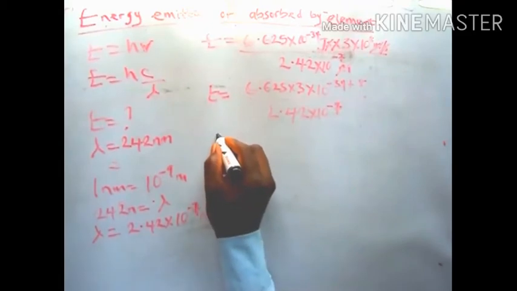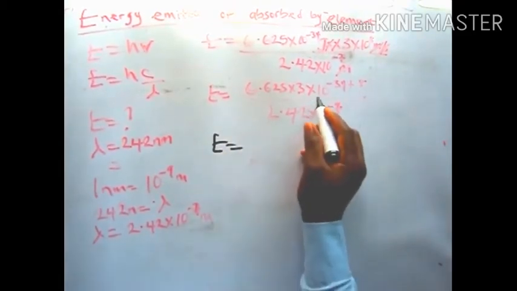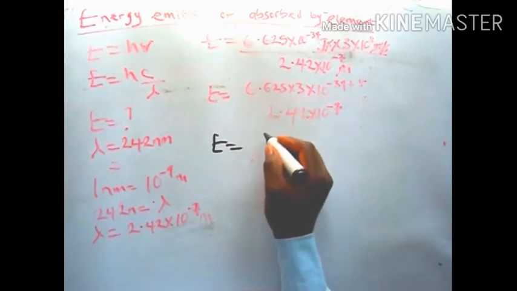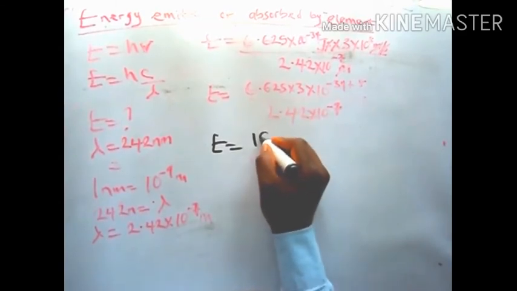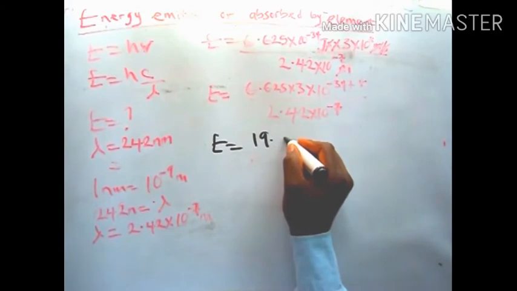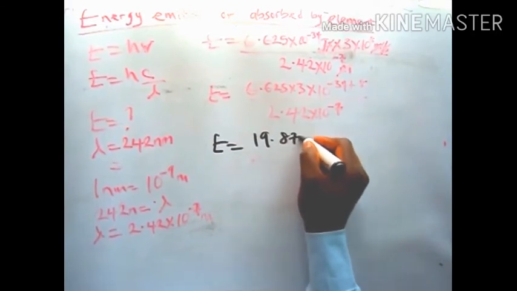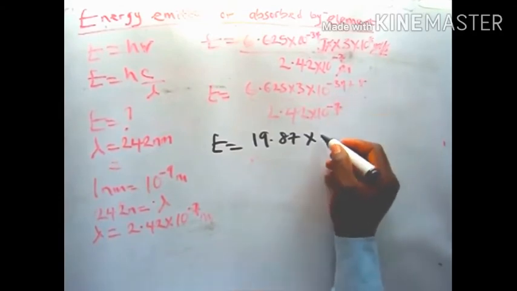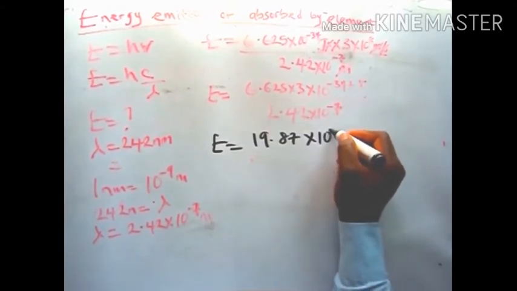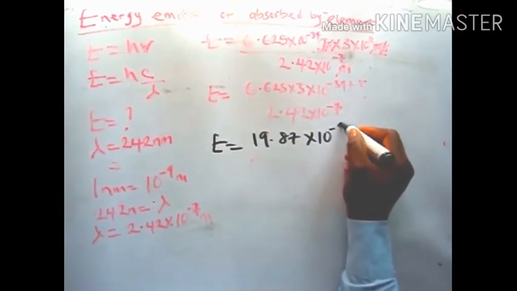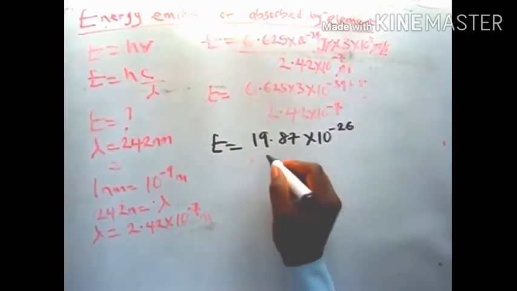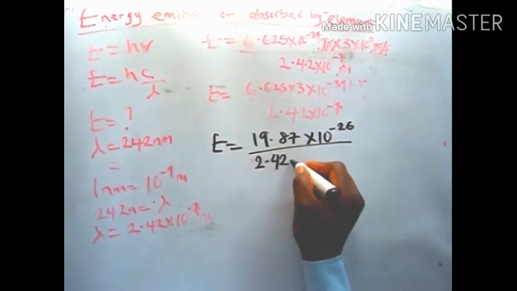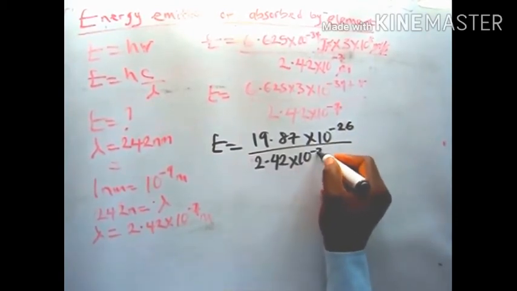Now your E will be what? When you punch your calculator, you're going to have 19.87 times 10 raised to the power minus 26, divided by 2.42 times 10 raised to the power minus 7.